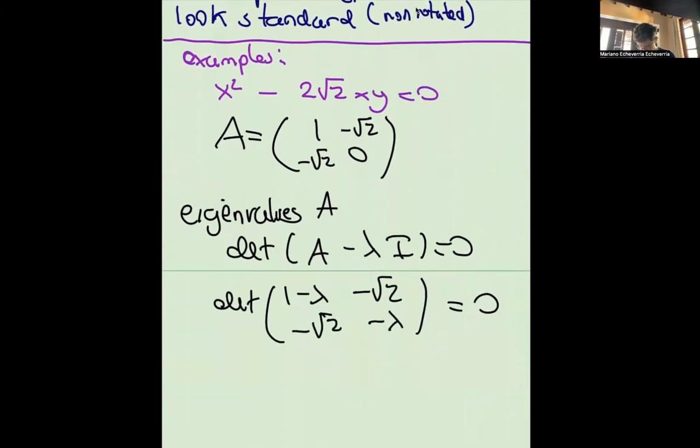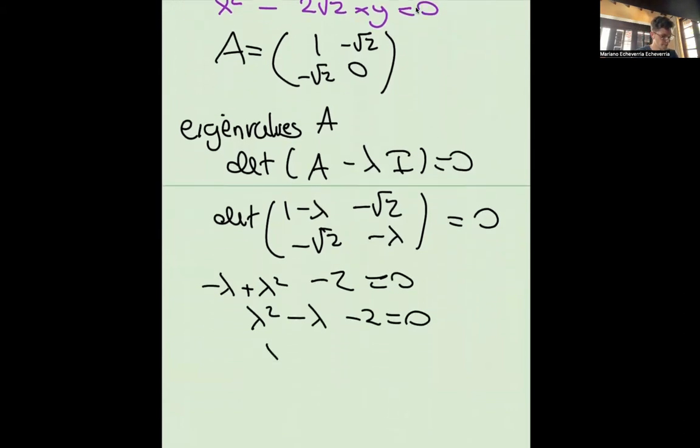What does this give you? Lambda squared minus lambda minus 2 equals 0, I believe. And this is lambda minus 2 times lambda plus 1 equals 0.